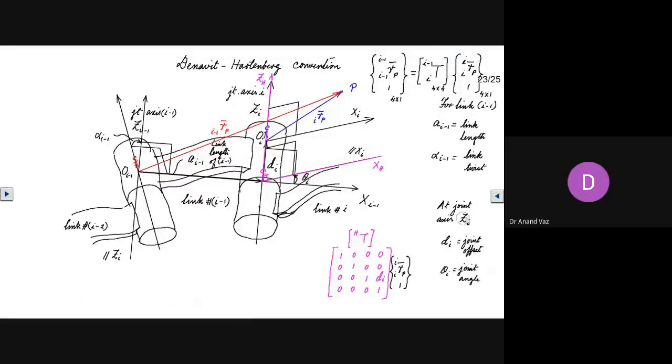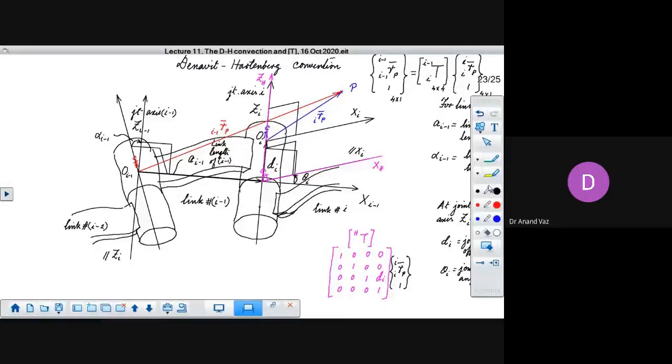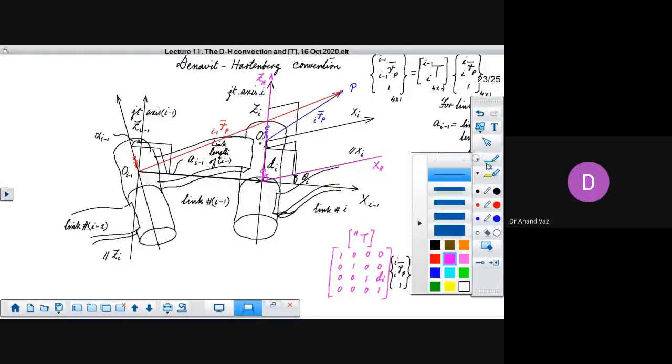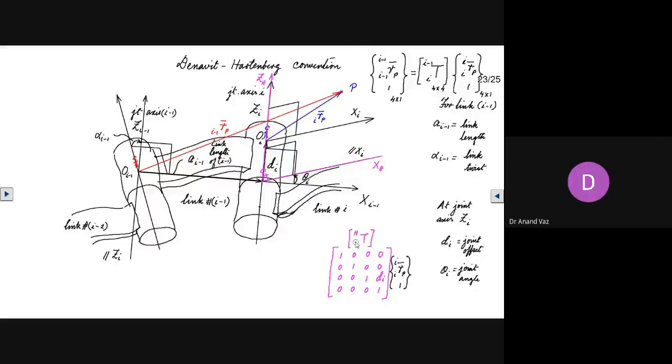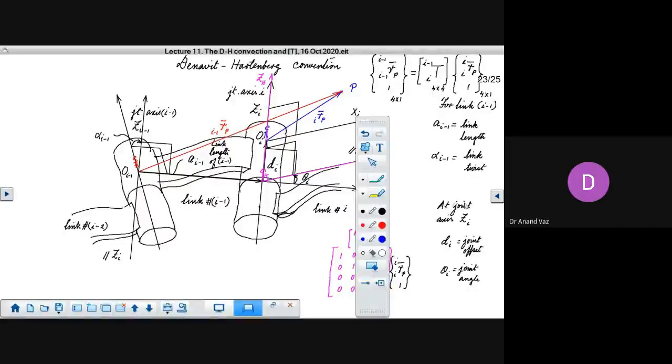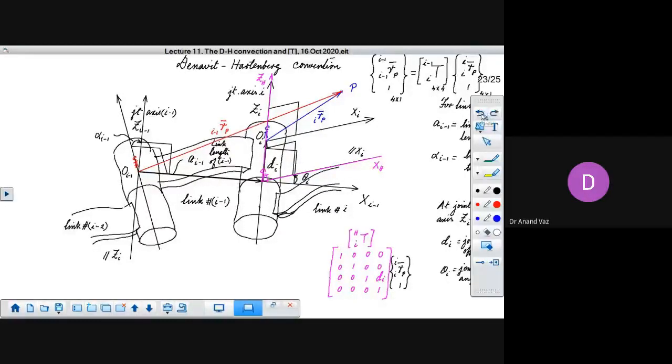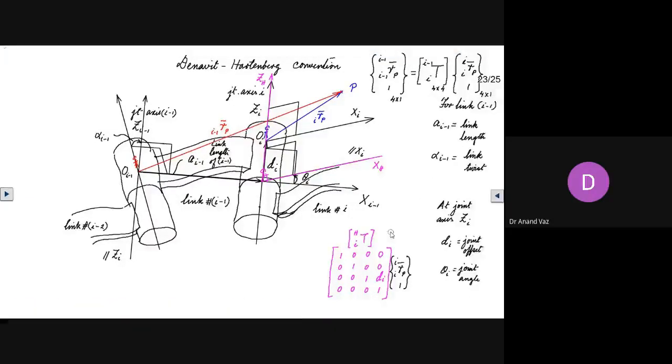It will also be H, because we are doing it with respect to the origin of the frame H. Oh, I'm sorry. This is okay. It's a transformation from I to H.